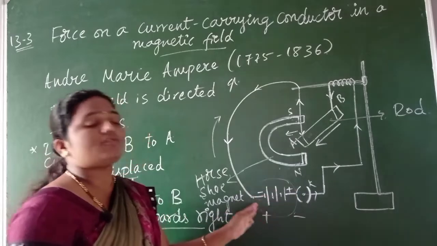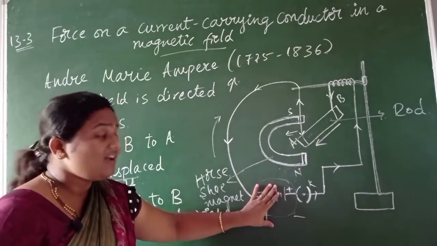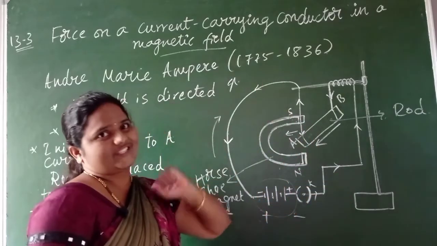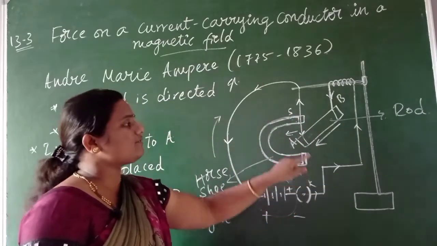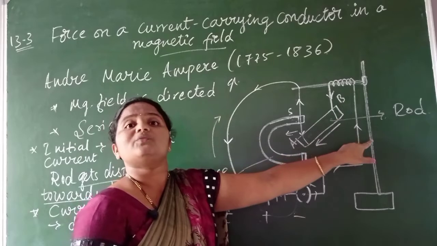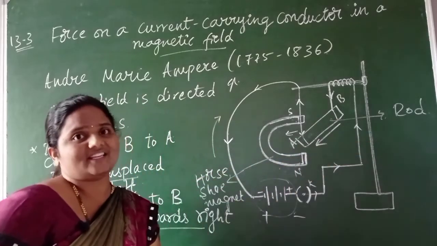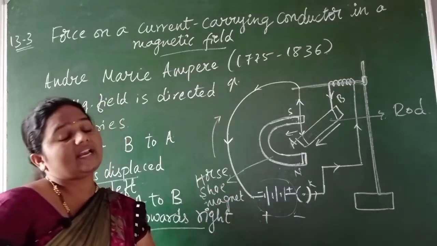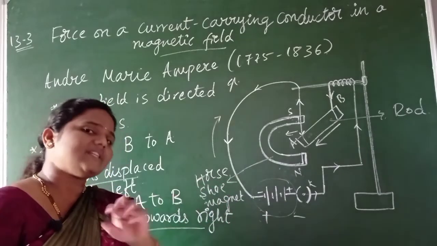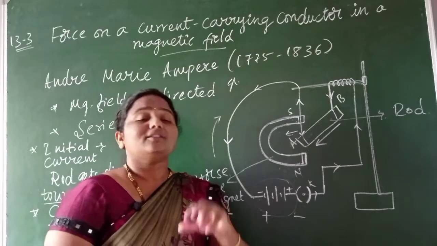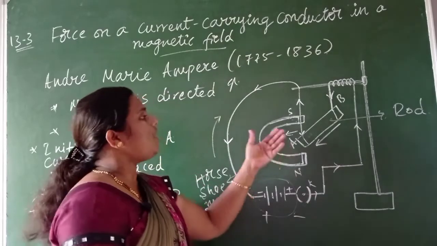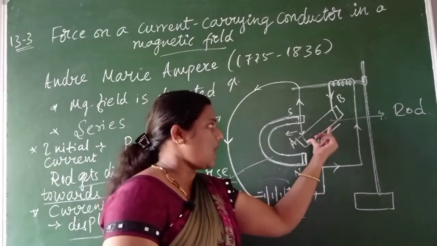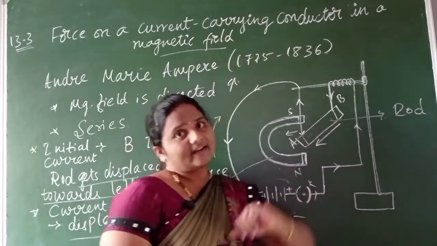When we reverse the direction of the current, there is also a change in the direction of the force, isn't it, children? Because of that force, the rod is now displaced towards right. So what this displacement indicates is that the displacement of the rod is nothing but the force exerted on a current carrying conductor, children. See, this rod is nothing but the conductor.